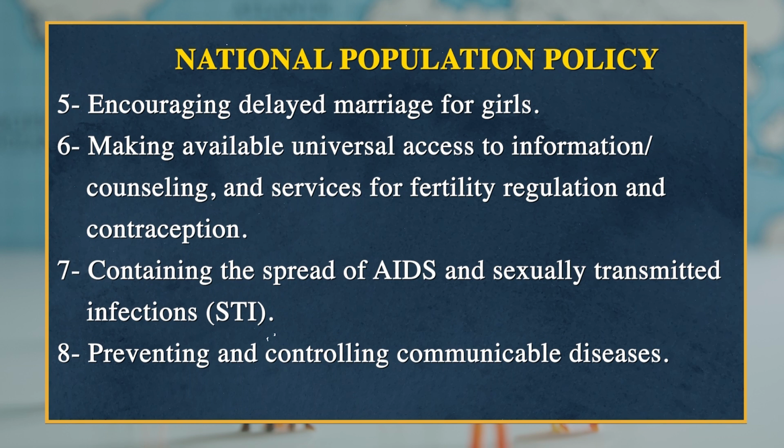With this, preventing and controlling communicable disease is also one of the major features of NPP. Dear learners, I hope you understood all the concepts related to population. I would also like to tell you the study of population is known as demography. With this, we come to the end of the chapter.